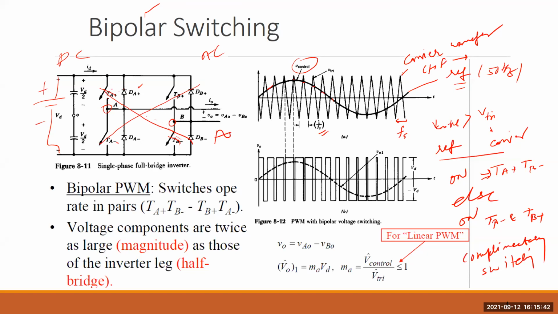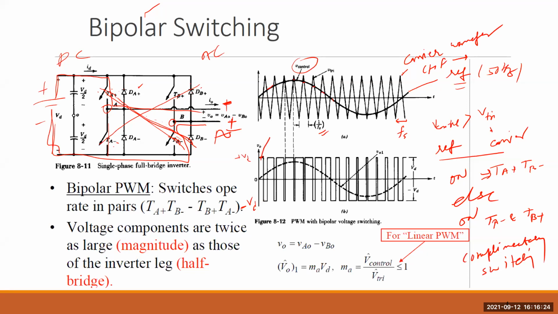So you can see when TA plus and TB minus are on, what is the output voltage? V naught, this plus appears here and the minus appears there, which is plus VD. And when this pair is off, the complementary pair is on, so this plus comes here and this minus goes there, and you get minus VD.